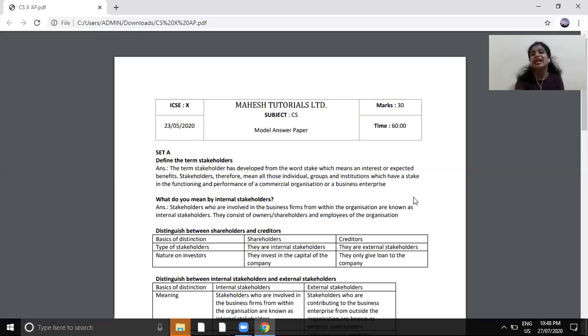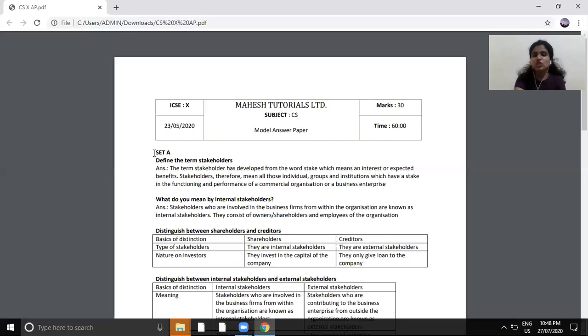Only make sure that the words within the organization are there in your answer, since it is a keyword, right? Otherwise, you're not answering the question right. So this keyword has to be there. You may also add some examples which will make your answer more effective.